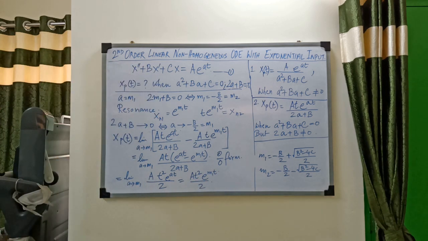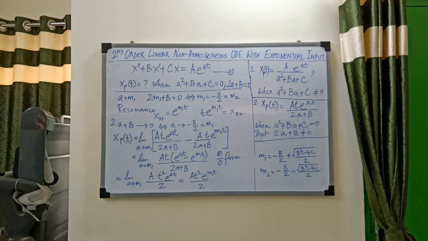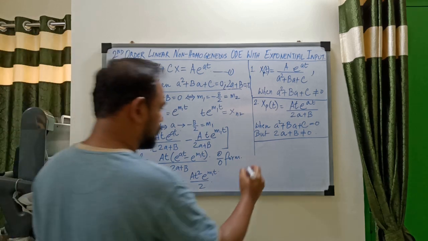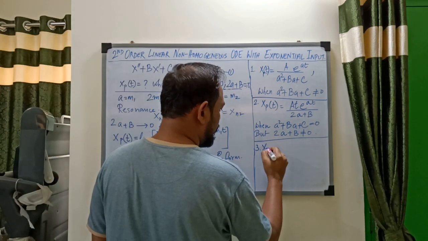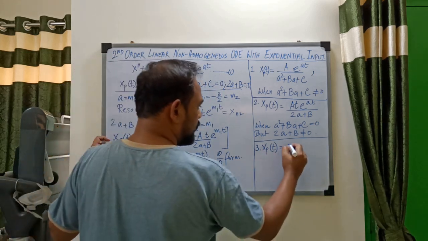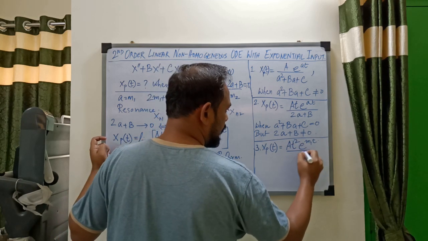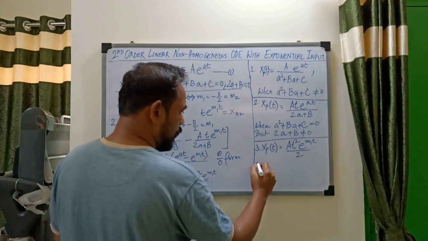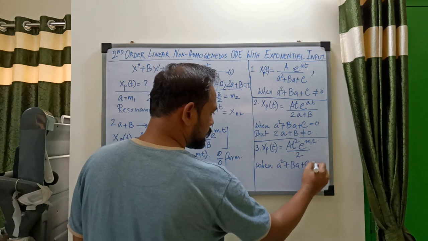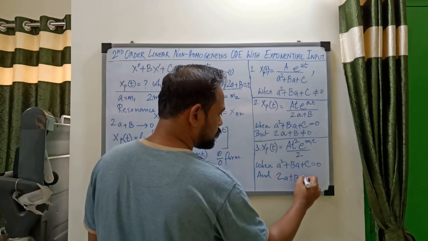And that's what the result is in the limit, in the case that 2a plus b is also equal to 0. So let's just write that down. Well, that's the third case, when the particular solution in this case will be capital A t squared e to the power m1 t by 2, when a square plus b a plus c is equal to 0 and when 2a plus b is also equal to 0.